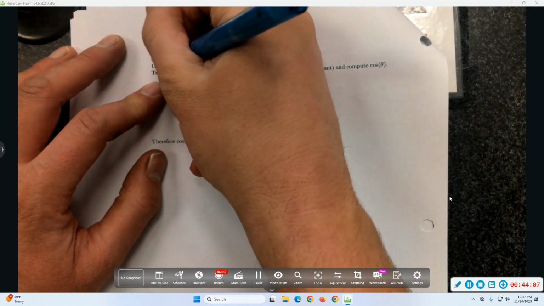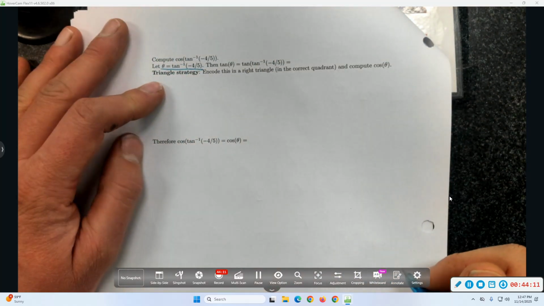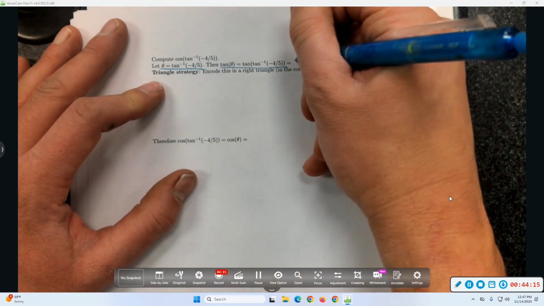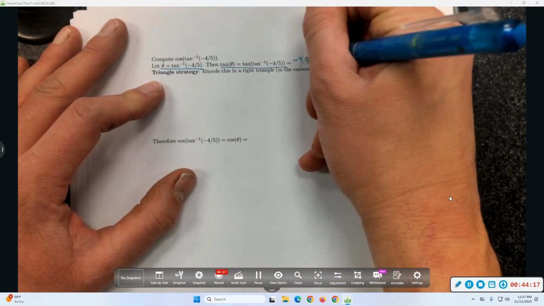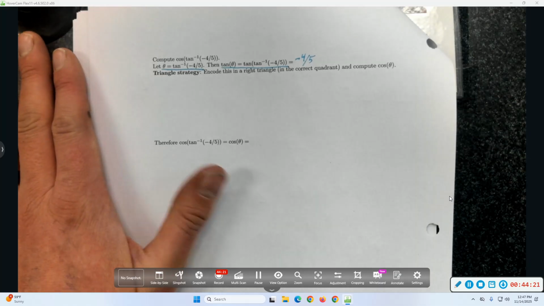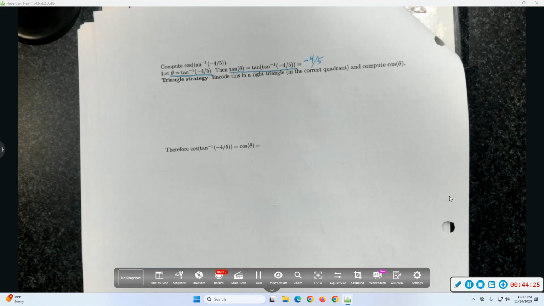I'm going to start by saying theta is inverse tangent of negative 4 over 5. That means tangent of theta should be negative 4 over 5. Let's also figure out what quadrant this should live in. Quadrant 4. Because of inverse tangent, it's either quadrant 1 or quadrant 4.